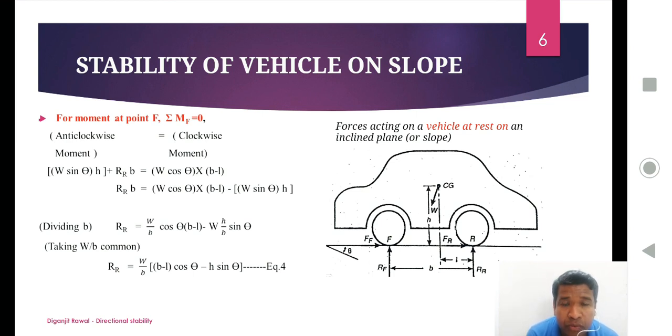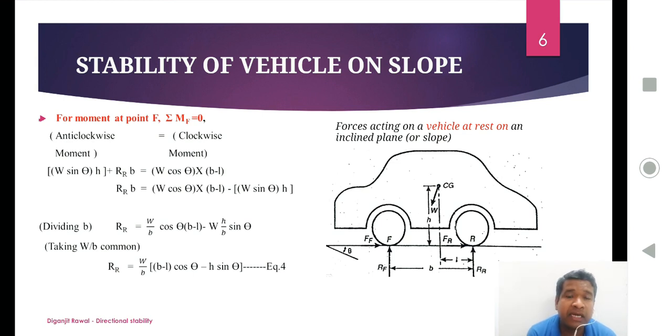So to find out the reaction at the rear wheel, we have to divide by b on both sides. So dividing by b on both sides, the equation becomes RR is equal to W by b into cos theta into b minus L minus W into h by b sin theta.